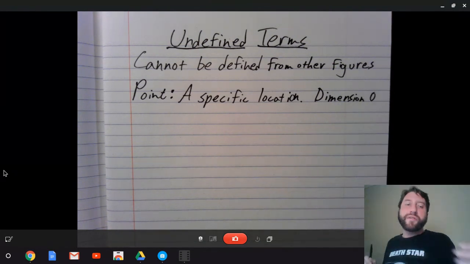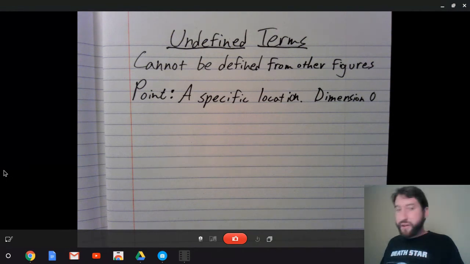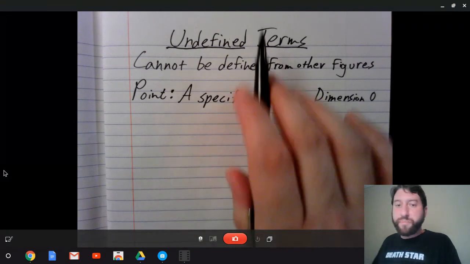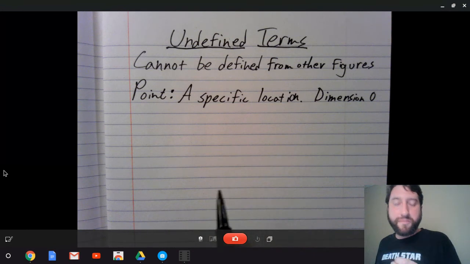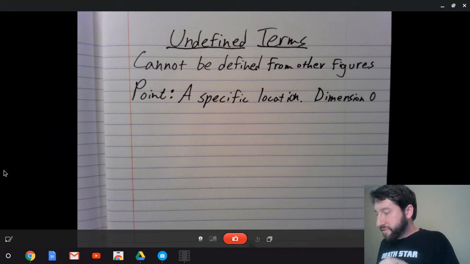So when I say dimension 0, I mean you have 0 degrees of freedom. All right, I can't move left, I can't move right, I can't go up and down, I can't go forwards or backwards. I'm stuck where I'm at. I have 0 degrees of freedom. So that is a point.